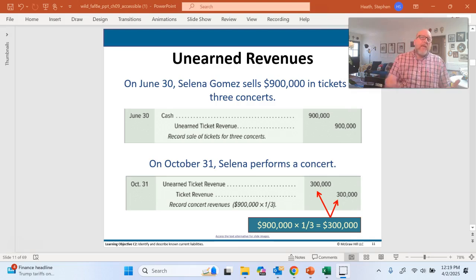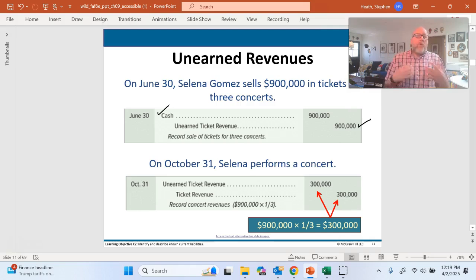So on the day that Selena Gomez tickets go on sale to the general public, she hasn't earned revenue yet, because she can't earn revenue until she actually goes out and performs, where she performs the service. So on the day that she makes the sale, it's a debit to cash, and then it's unearned ticket revenue. She hasn't earned this yet, so it is actually a liability.